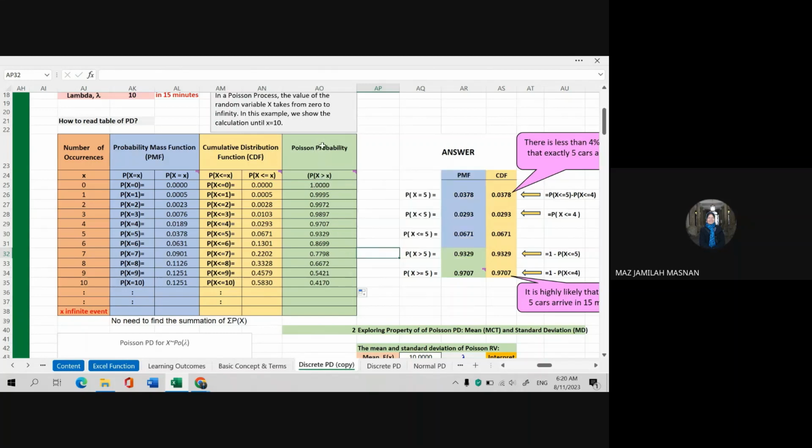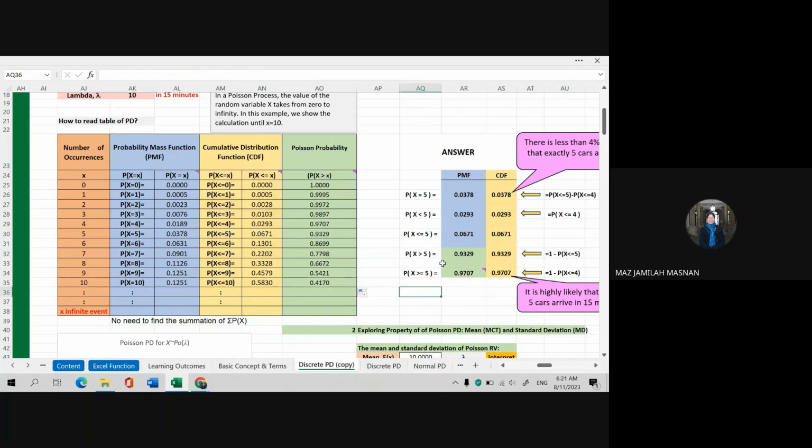Why is this third column important? It is important when you need to find the answer for questions that reflect greater than. For example, greater than 5, greater than or equal to 5. So the third column would be helpful if you are using the PMF probability.